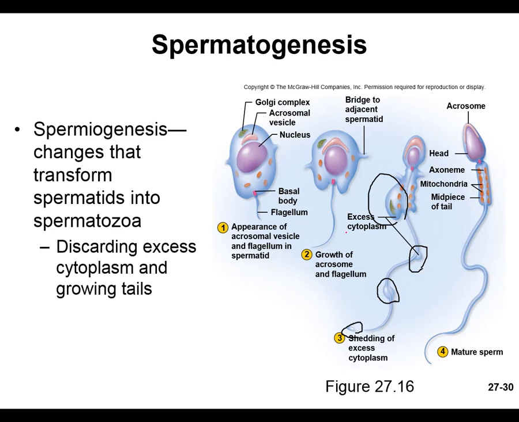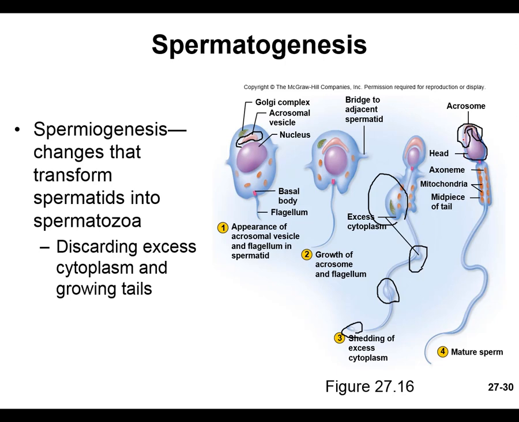We're also going to see the development of something called an acrosome. This acrosome on the head of the sperm is important because it consists of lysosomes that, once we have fertilization with an egg, are going to break down the cell membrane, and that way we can get the nucleus. So here's the nucleus.